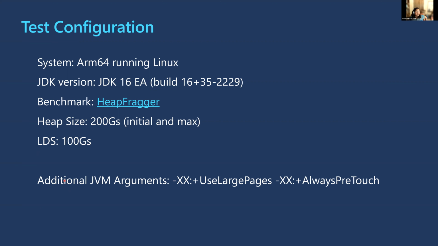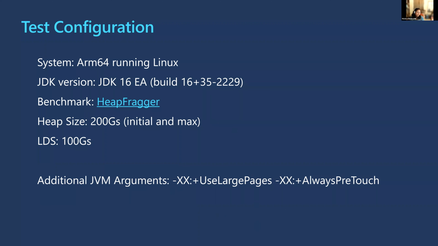What I tried to do is put constant pressure on the heap, so basically 50% is live. At any given time, 50% of the heap is occupied by live data. The only option I want to give to this, except for the initial and max heap, is large pages, because it provides repeatability in experiments, especially when you're benchmarking.